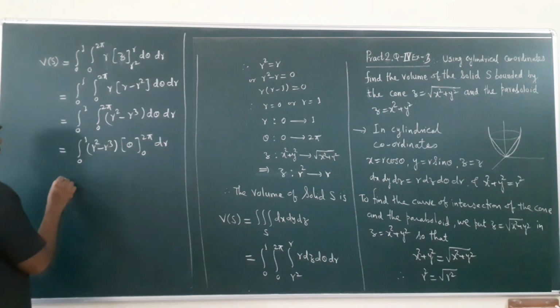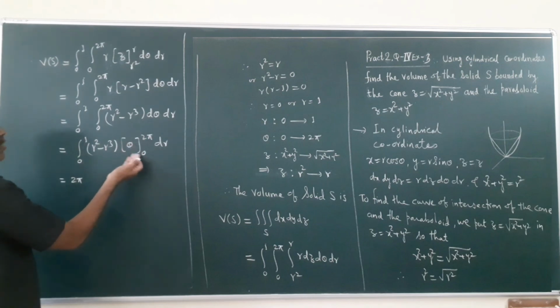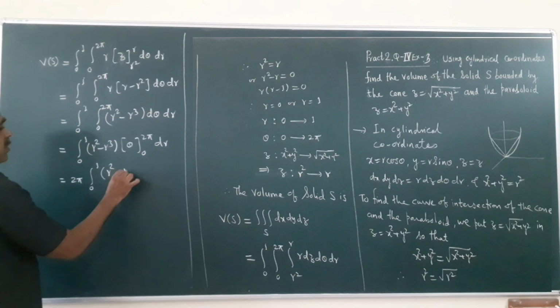This is 2 pi minus 0, that is 2 pi, times integral 0 to 1 of r square minus r cube dr.